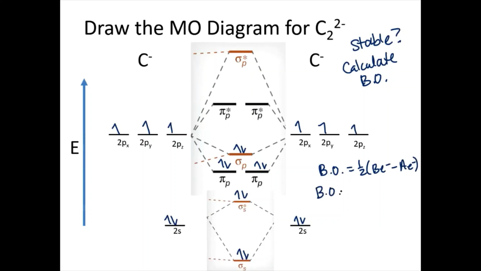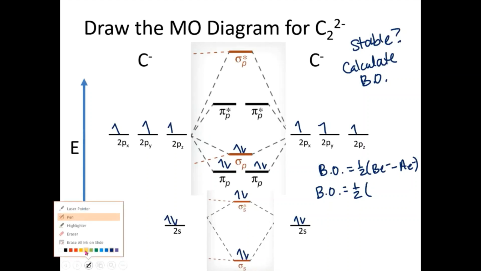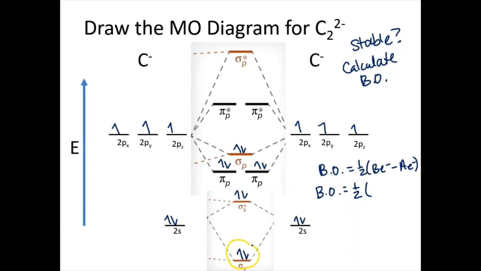So bond order for this equals 1/2 times bonding electrons. My bonding electrons are, you see that yellow? 1, 2, 3, 4, 5, 6, 7, 8. So I have 8 bonding electrons.